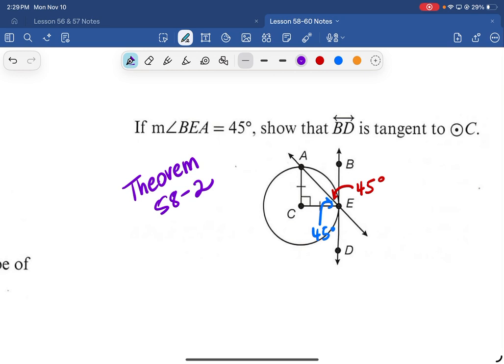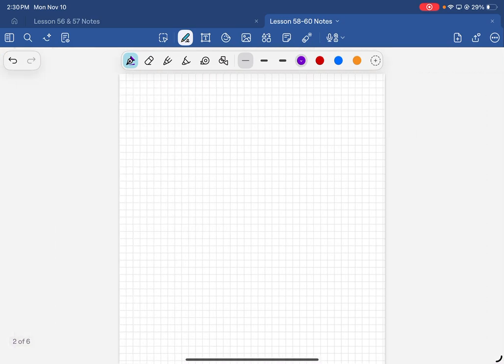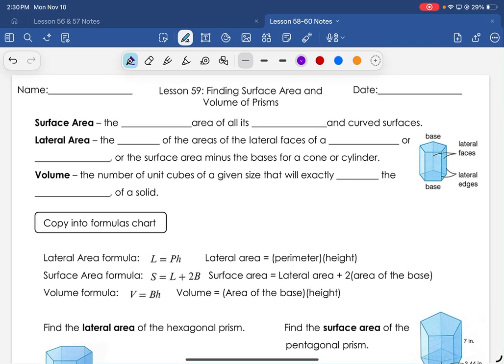And we can write in here that angle BEC equals 90 degrees. Before I move on, does that make sense? Yes. Okay, good. Because I can explain it if you need me to. You just added the 45 and the 45.